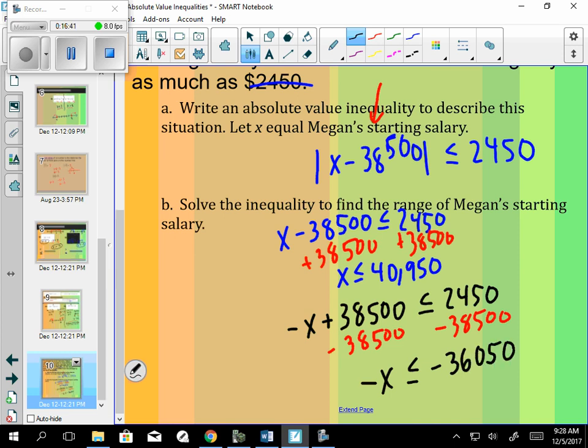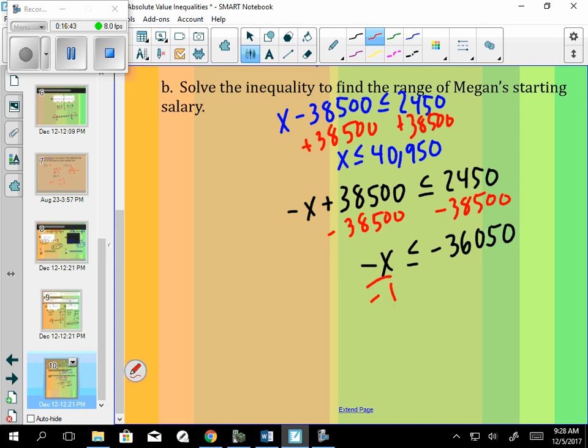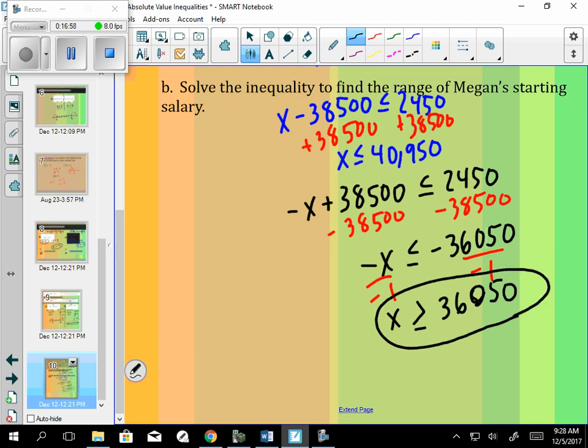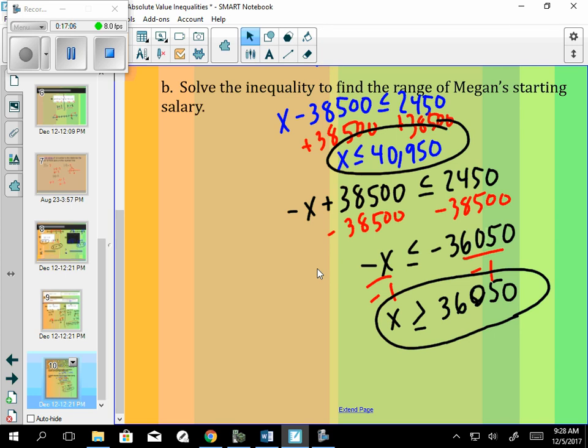But we got to get that negative out of there, so divide both sides by -1. That means we're going to have to flip the sign because we're dividing by a negative, and that's going to make that positive. So her lowest salary would be bigger than 36,050. So somewhere in between here is what her salary is going to be if it can differ by that much from the average. Okay, try some of these out on your own.